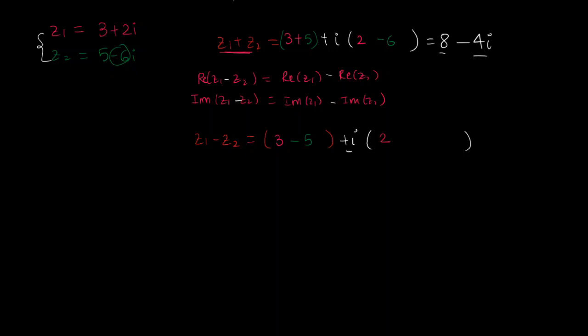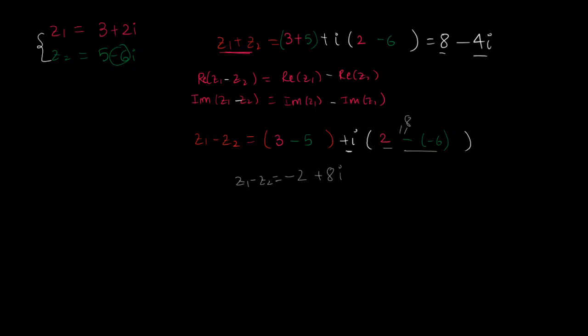From that, you're subtracting negative 6, so minus negative 6. This is equal to, well, 3 minus 5 is equal to negative 2, and 2 minus negative 6 is equal to 8. So you have negative 2 plus 8i. This is the difference z1 minus z2.